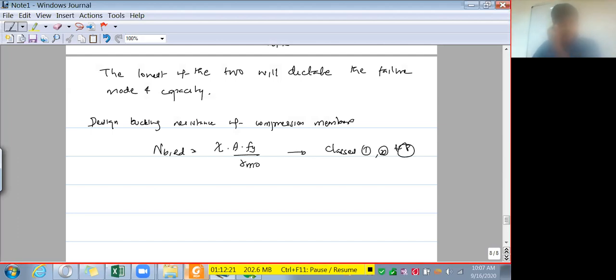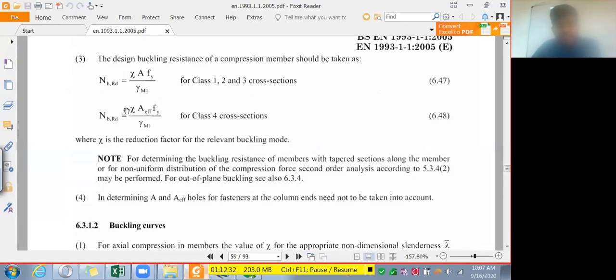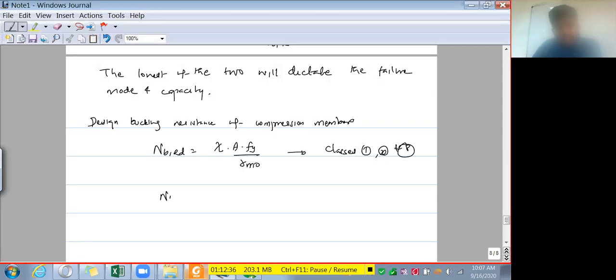This is NCRD multiplied by chi. That is the NBRD. Again, NBRD is chi times A effective times Fy over gamma M0 for class 4.